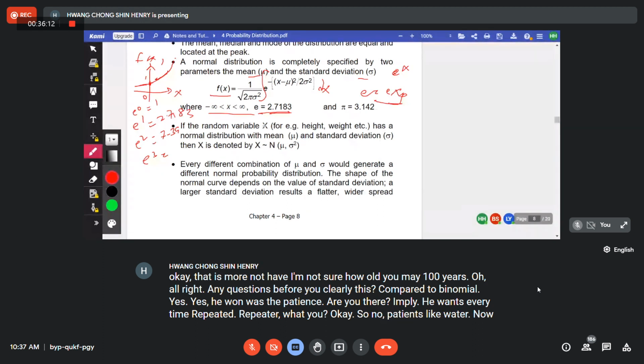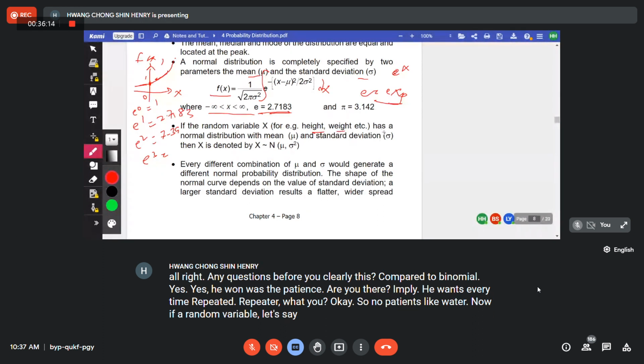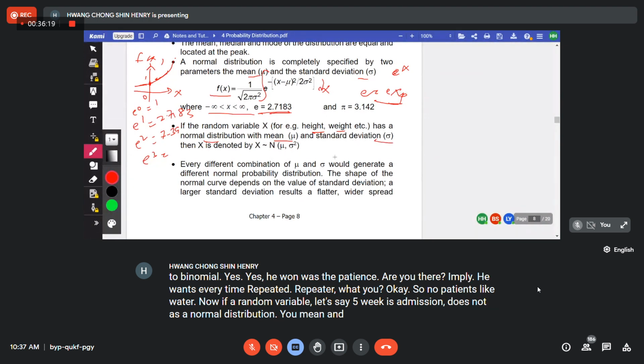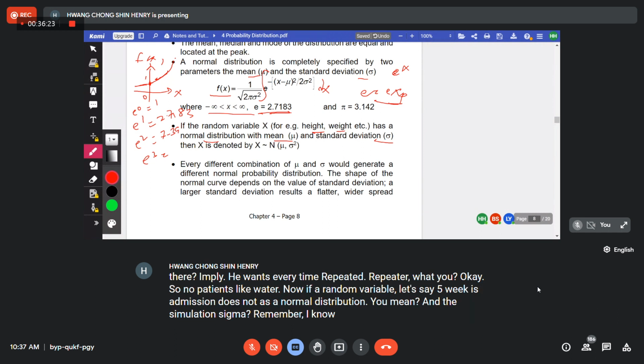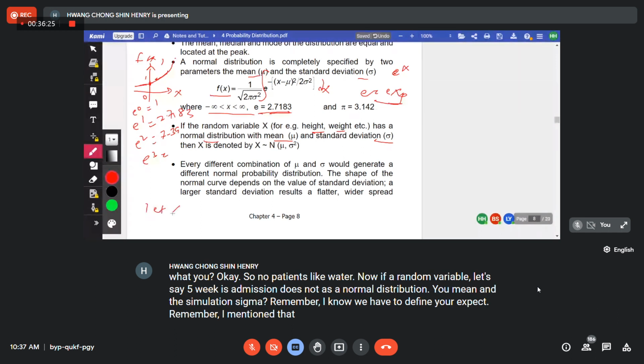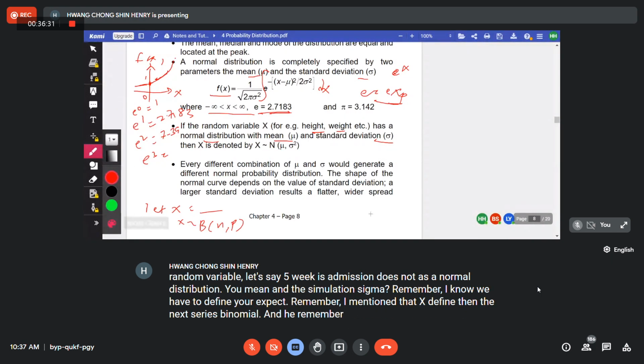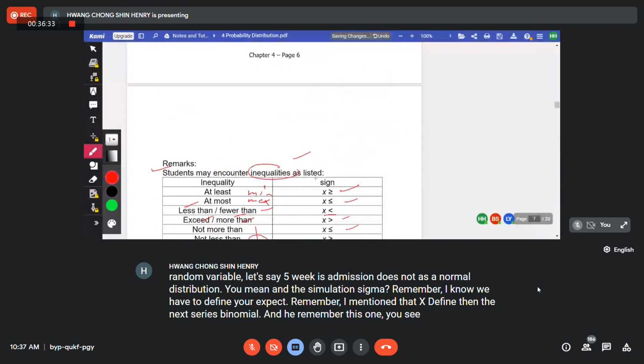Now, if a random variable, let's say height, weight, as I mentioned just now, has a normal distribution with mean mu and standard deviation sigma. Remember, binomial, you have to define your x, right? Remember I mentioned that x is defined as what? Then the x is distributed as binomial with n and p.